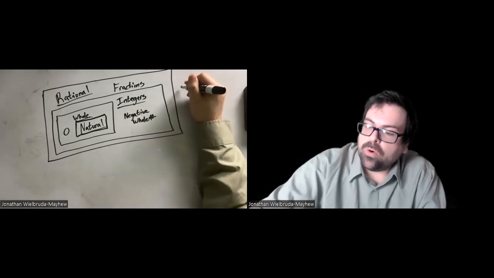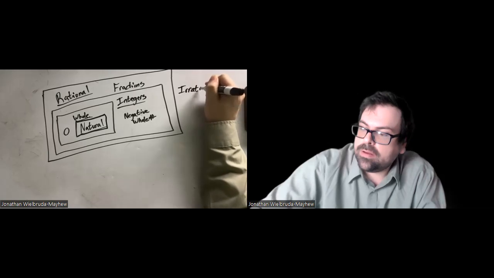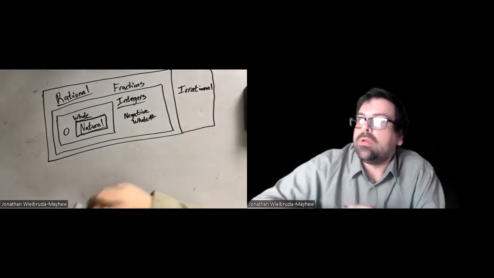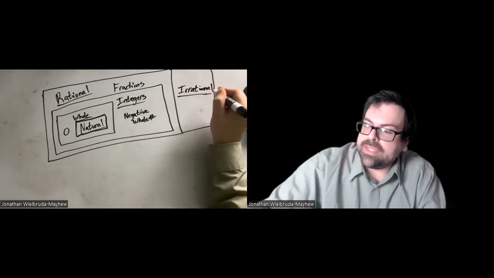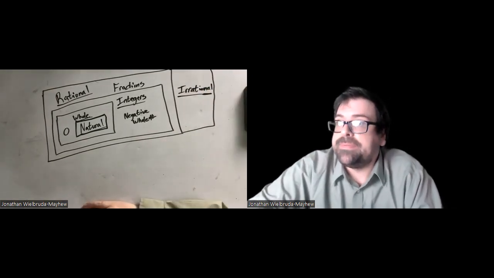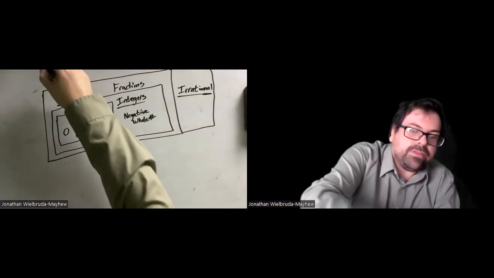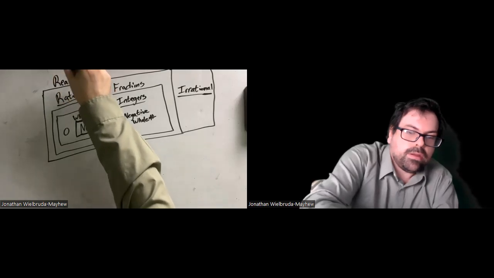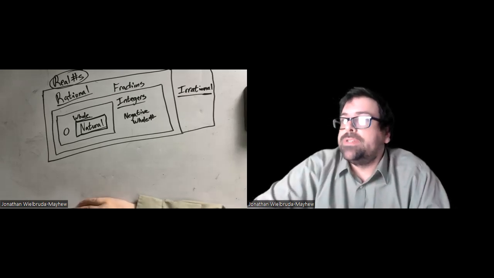And then we had this whole other separate category of irrational numbers, things that couldn't be written as a fraction, are non-terminating, non-repeating decimals. All of this taken together is the set of real numbers.